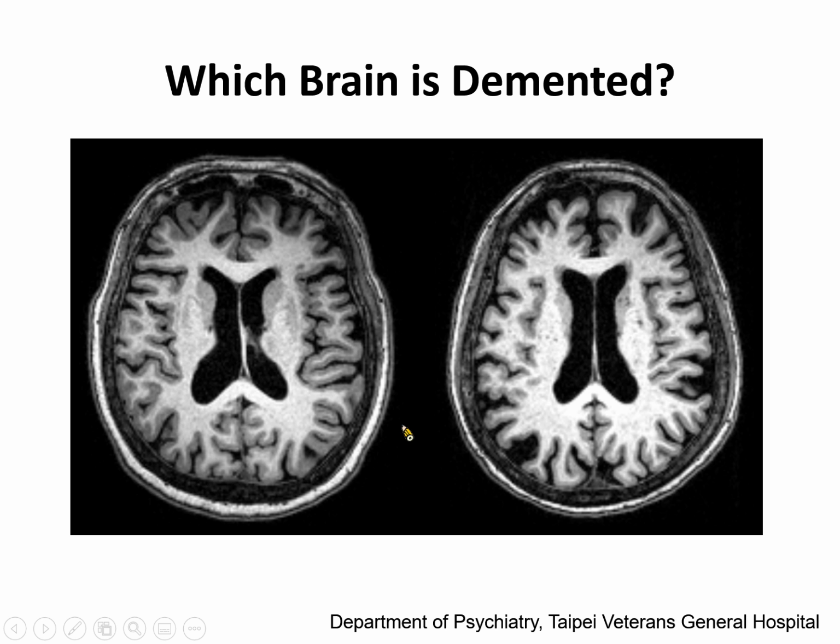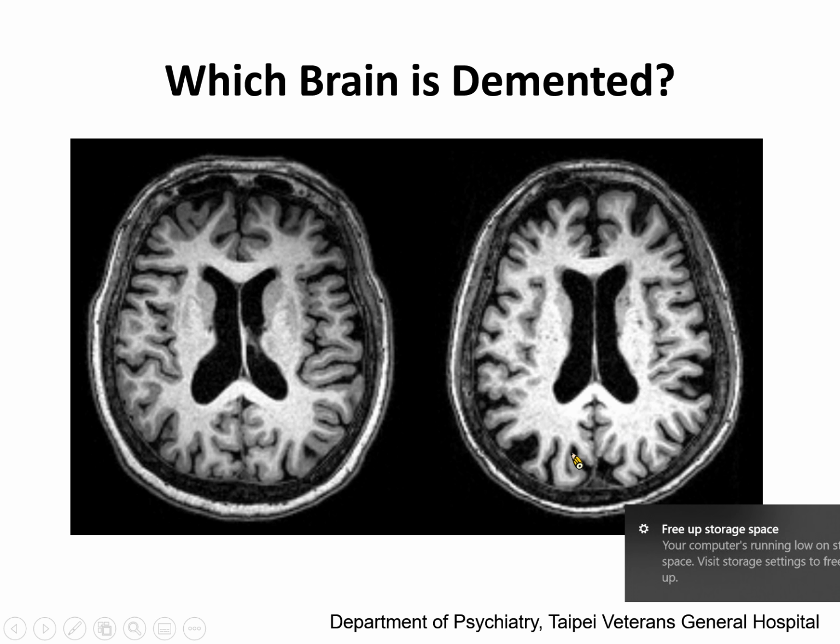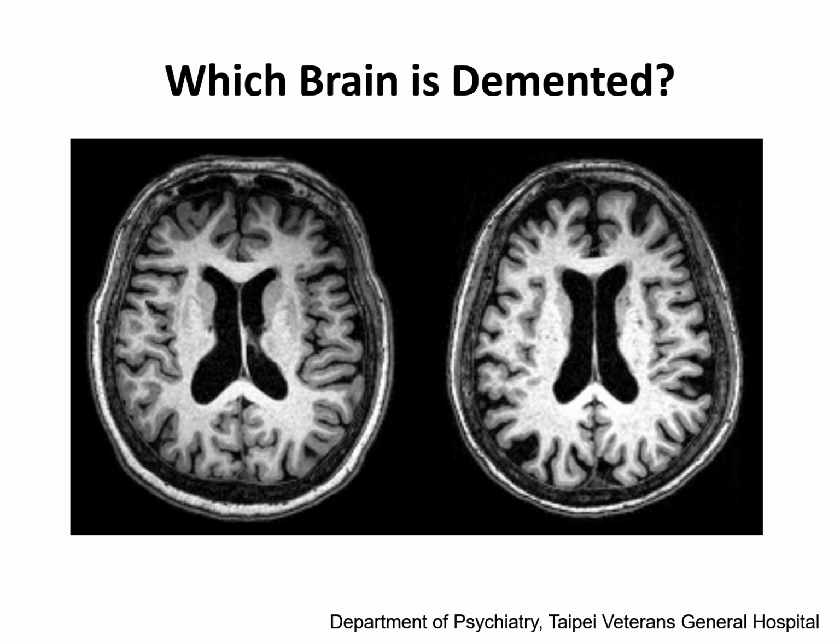These two brain scans are from two older people. They have the same age, about 70 years old. Can you make an educated guess which one is the demented patient? Let's take maybe 5 seconds.